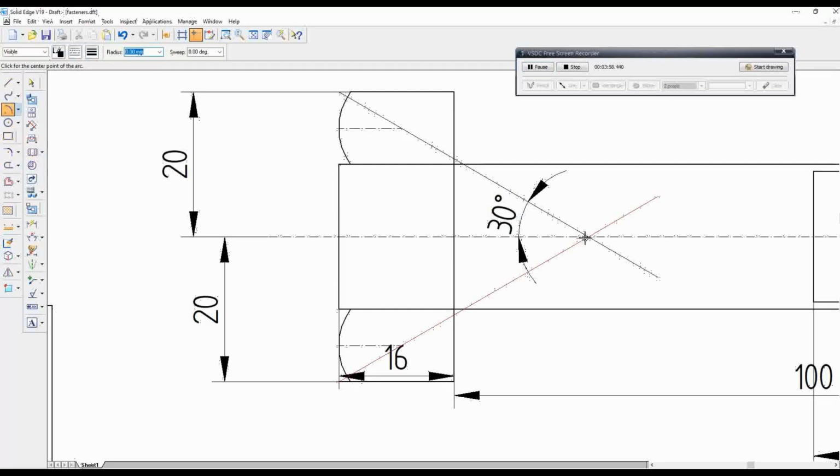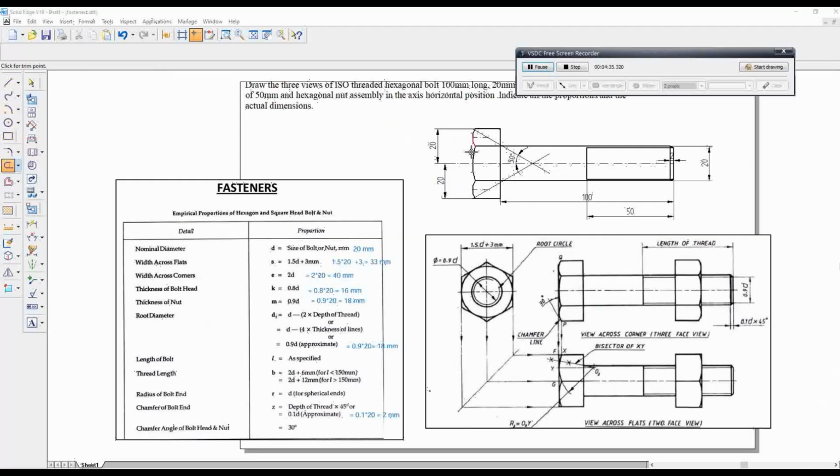Now arc. So this is the center, the radius, draw like this, and one more arc, the same center. So make this as dark, extra portion trimmed. So this is our bolt head. Like this we draw bolt head.